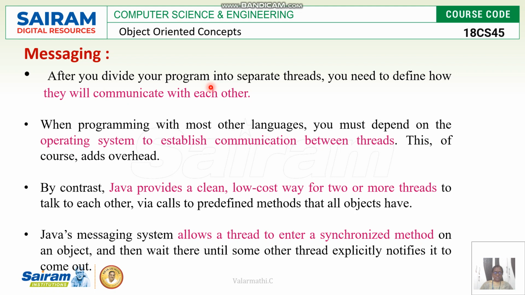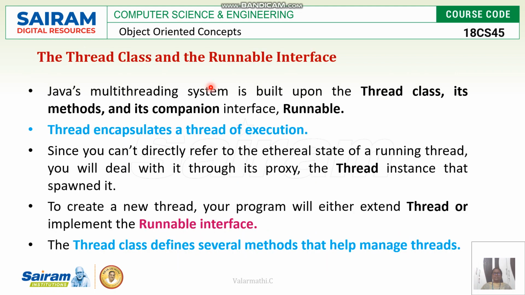That's why messaging is provided, and Java provides a clean, low-cost way for two or more threads to talk with each other. Messaging also allows a synchronized method of communicating between the threads.